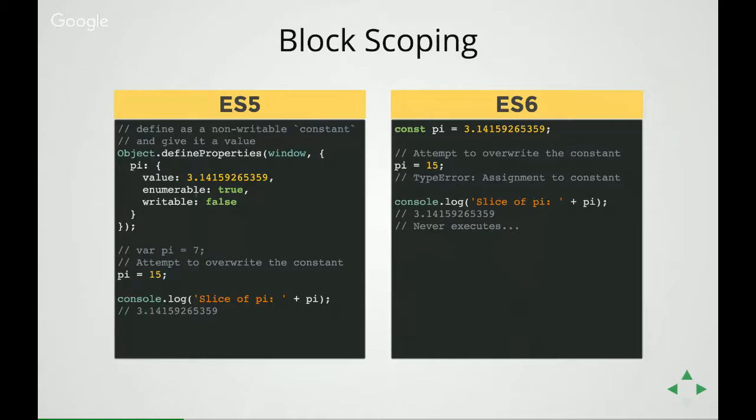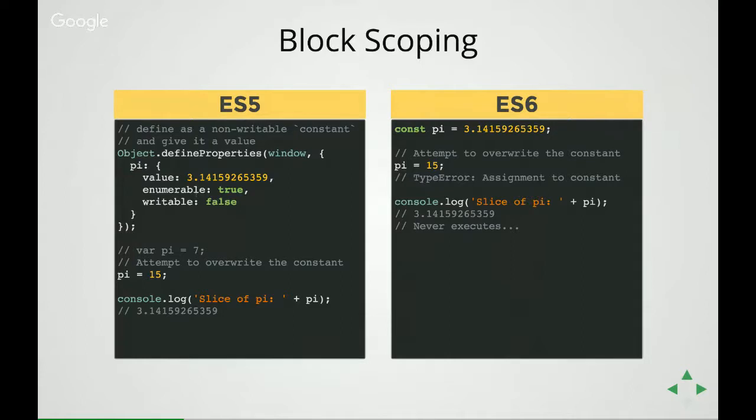So we would create a variable called pi, and we would ensure that it's enumerable because constants should be enumerable if you want to loop through them or grab them off something. And we're going to set writable to false. That way we can't overwrite it. And then we'll also assign a value by default since we're declaring it writable false. And if we try to reassign it there, we still get the original value. ES5 wouldn't let us do that.